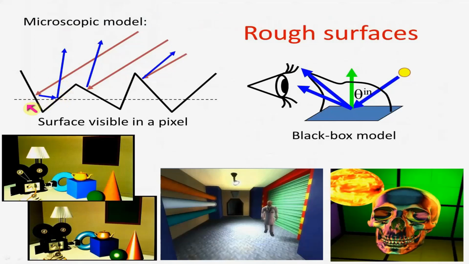This can be interpreted with the following model. On microscopic scale, we can imagine that these rough surfaces are random collections of ideal mirrors called microfacets, and they reflect light according to their random orientation. As we see, not just a single microfacet in a pixel or on macroscopic scale, but a large collection of them, we perceive the average radiance reflected by this collection.